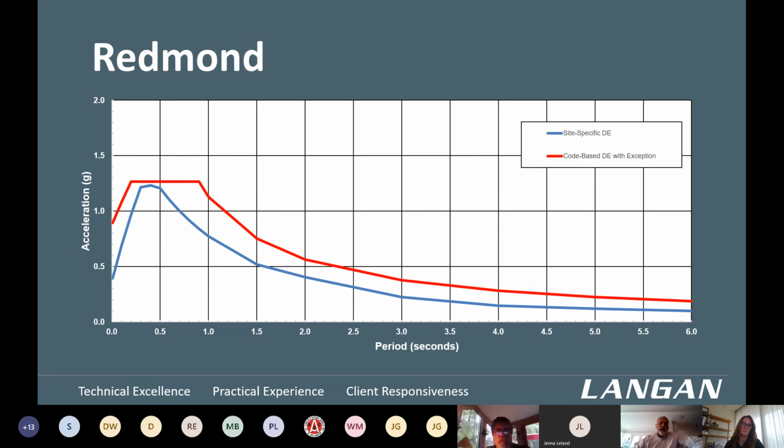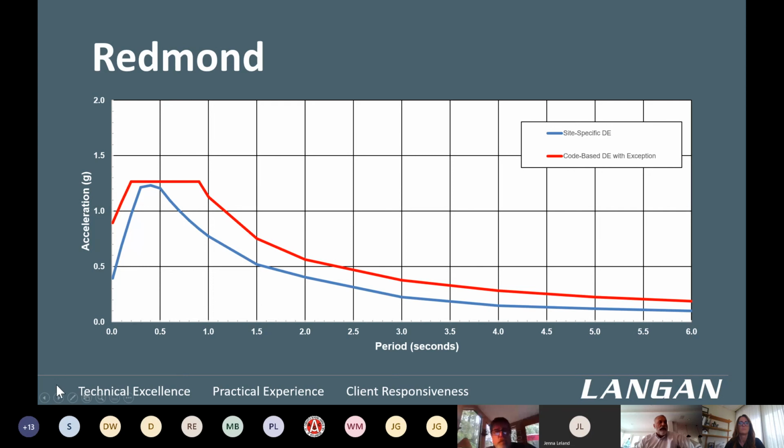Our site-specific design earthquake is shown in the blue line. So if we chose to do site-specific, those are the numbers that we would get. And if we chose to take the exceptions, but also take the penalties associated with not doing site-specific, the curve is shown in red.